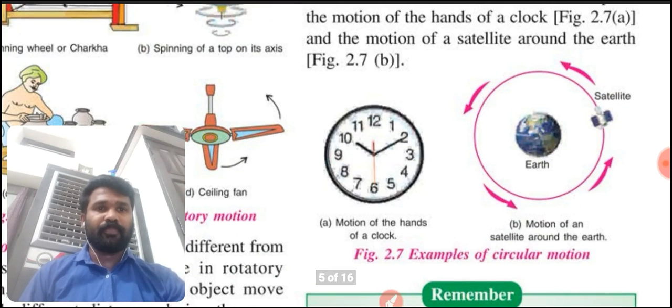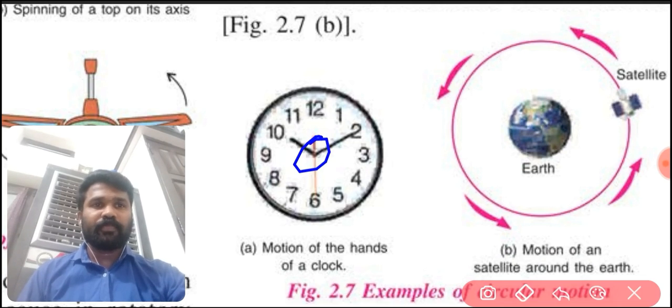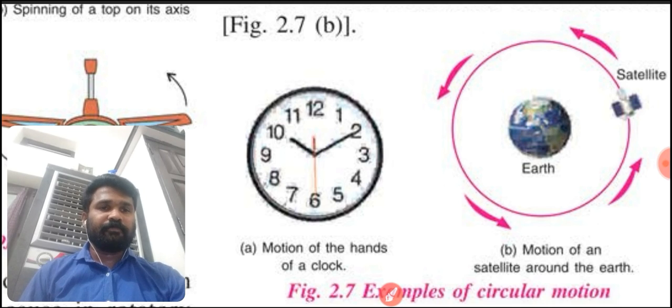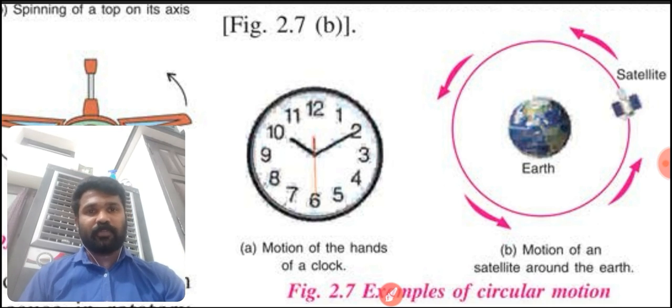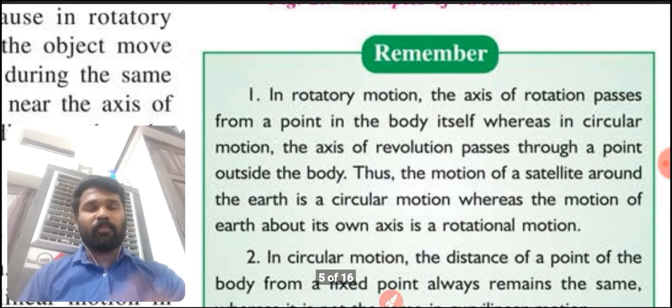You can see the motion of the hands of a clock, the center is fixed. The motion of satellites around the earth, here also the same concept. These are all examples of circular motion.